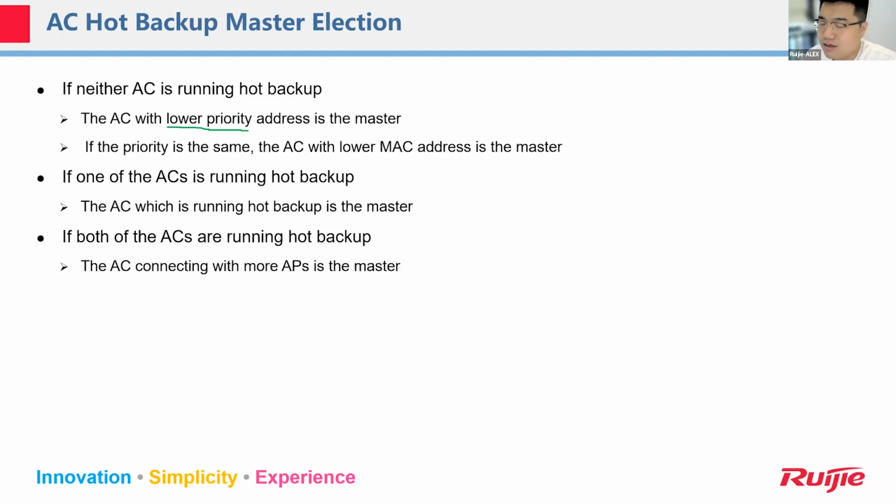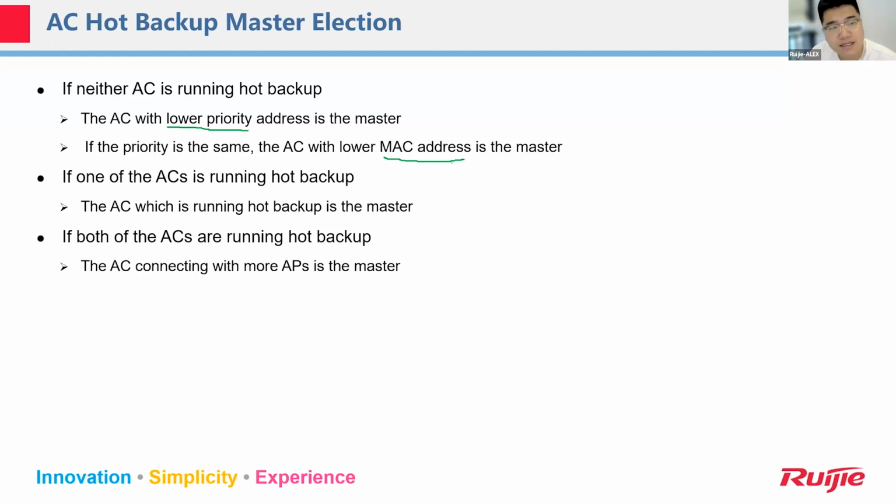While if the priority of them is the same, then the AC with lower MAC address is a master. So when we do the election, when we compare the parameters, we should know that for the value of the parameter, the lower the better.